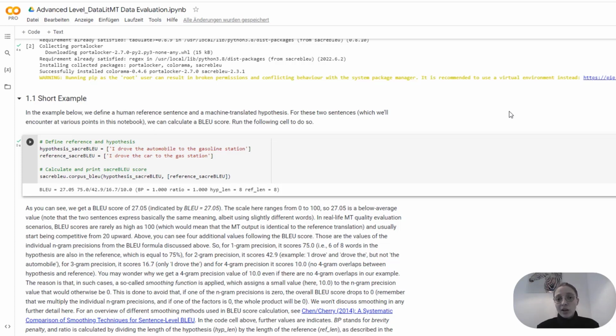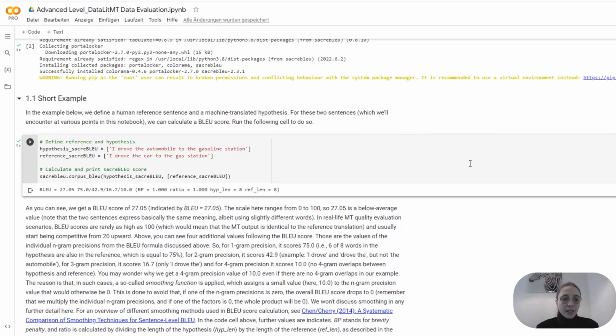They start becoming competitive from around 20 upwards. So it is always important to know in which frame the scores are considered. So if you look at a value and think, oh, it's very low in comparison to 100, it might not be as low if you look at competitive values out there that are frequently not 100 either.